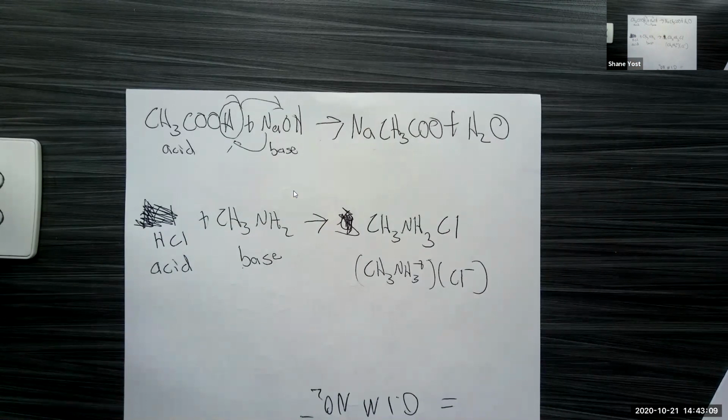That cation-anion pair forms a salt. So I formed the sodium acetate salt, and water is part of the products here. Here, I just formed the CH3NH3 cation with a Cl minus anion.